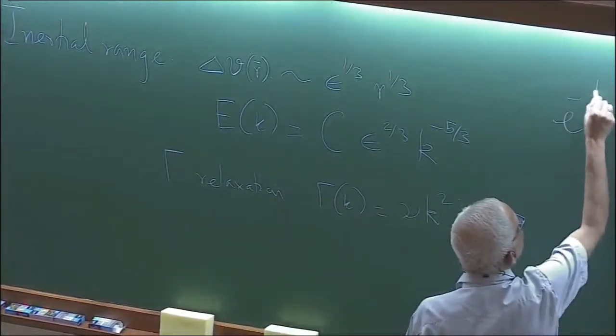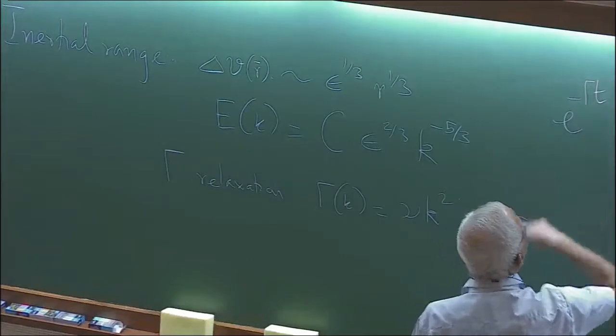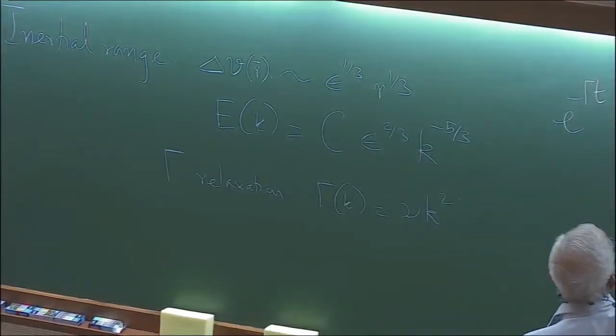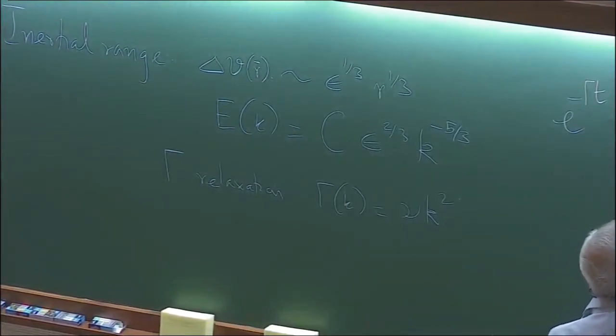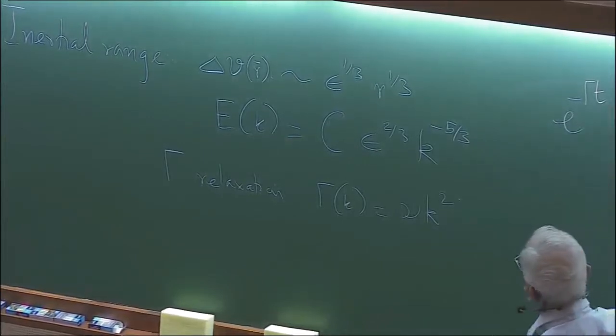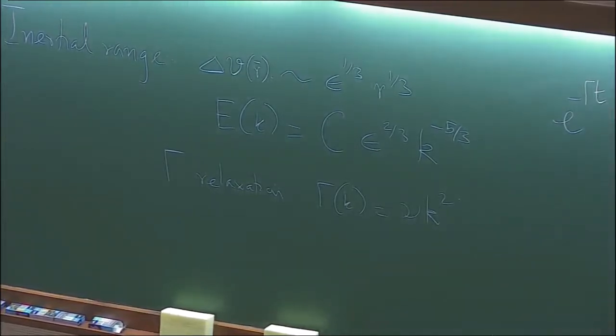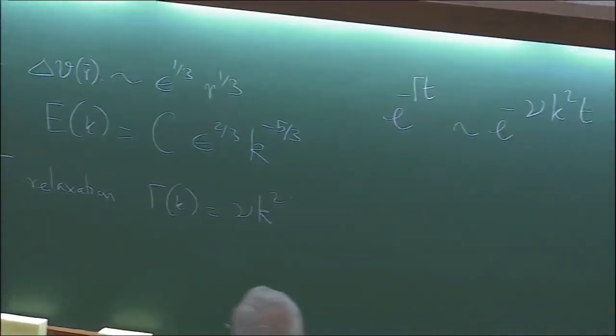Any fluctuations would decay according to e to the power minus gamma t, which is like e to the power minus nu k squared t. So gamma is dimensionally like a frequency.